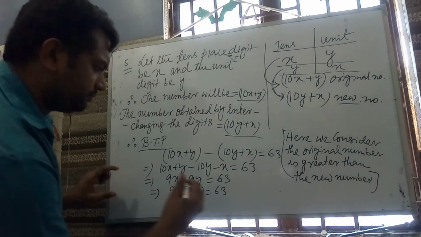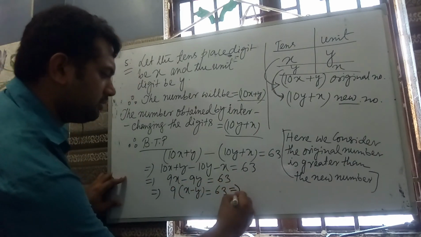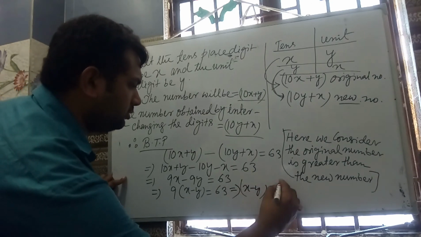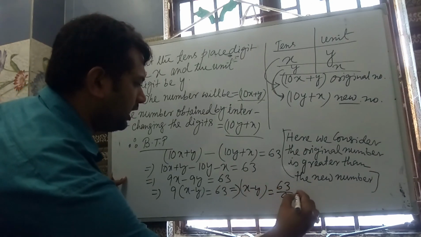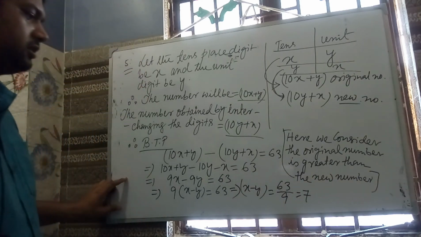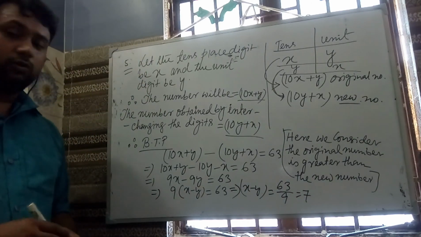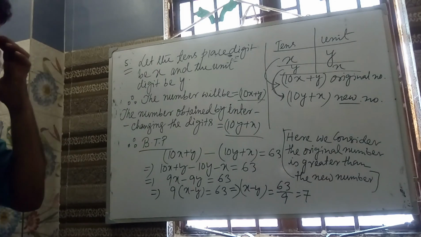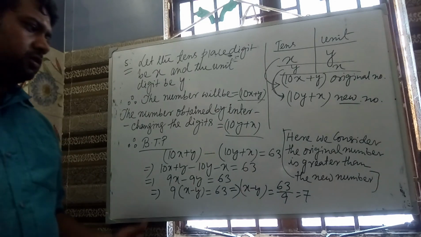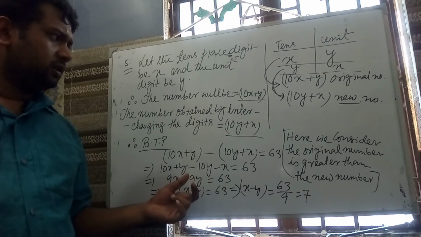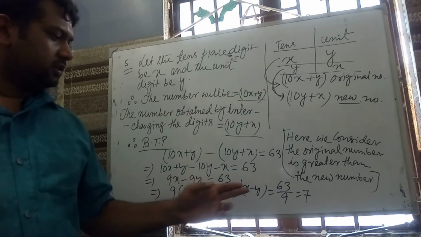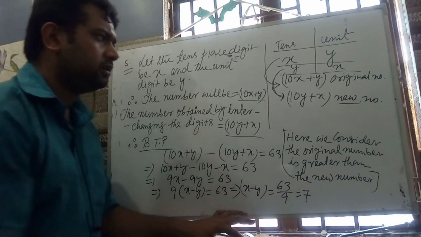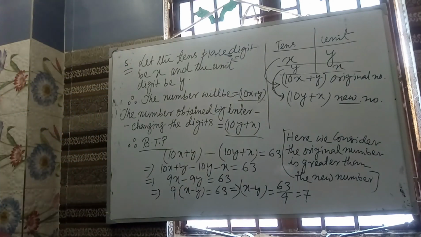That implies x minus y equals 63 by 9, that is 7. Okay, what do we have to find out? We have to find out the difference between the digits, the difference x minus y, that is 7. So what will be your answer line?